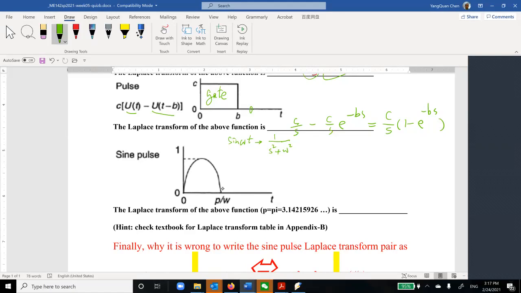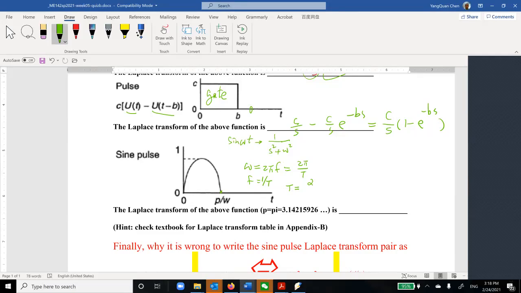What is the omega? So this is time t. According to the definition, omega is 2 pi f, while f is 1 over T. So basically it's 2 pi divided by T. So T is my period.